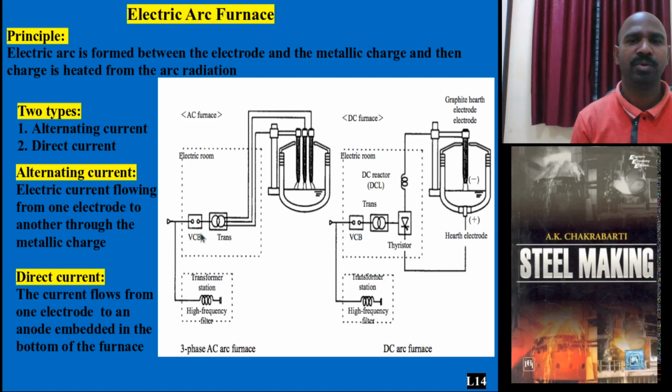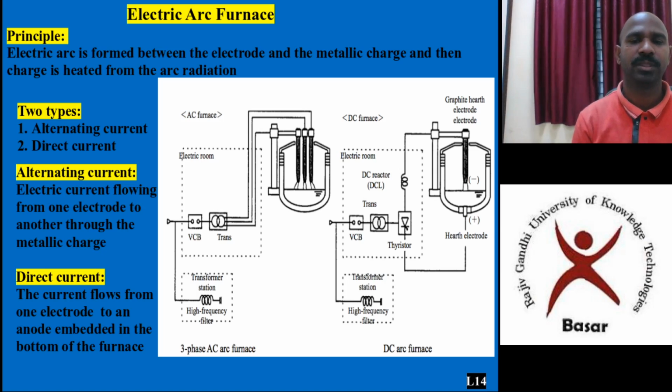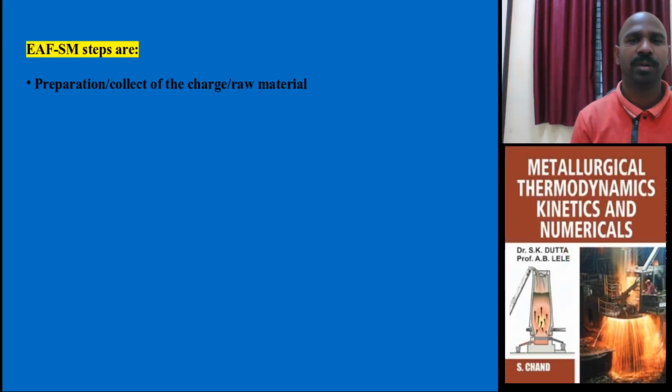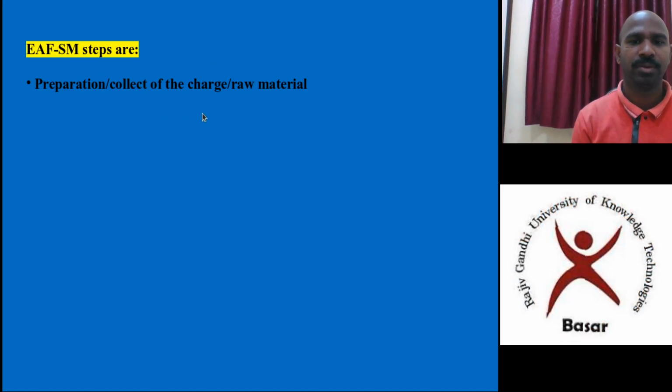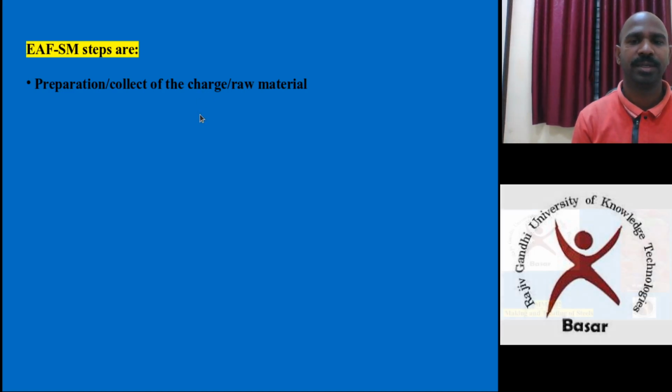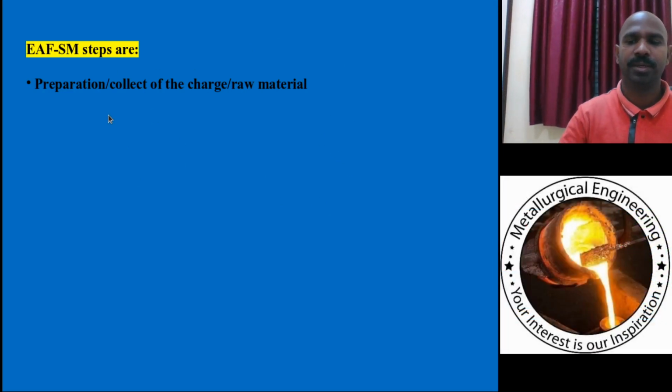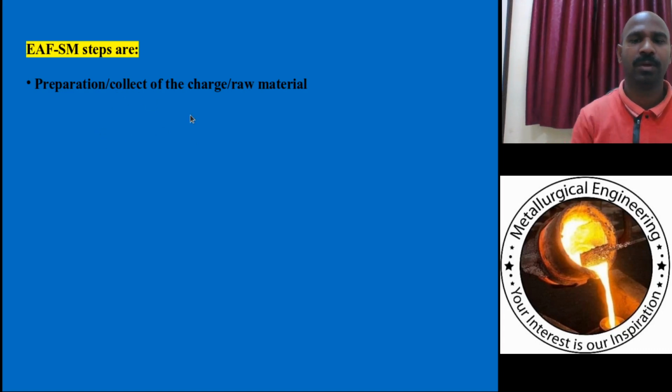Now coming to the next point, I am going to talk about the charge materials and the steps involved in electric arc furnace based steel making. First you need to collect the charge material, whether it is steel scrap only, a combination of steel scrap and liquid pig iron, ferroalloy based steel making, stainless steel production, sponge iron based steel making, or sponge iron combined with liquid pig iron.